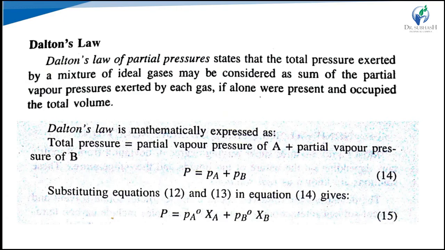Mathematically, we can express Dalton's law as: total pressure P is equal to the partial vapor pressure of A plus the partial vapor pressure of B. We substitute the PA and PB values from Raoult's law. So P is equal to PA plus PB, and substituting, P is equal to PA0 XA plus PB0 XB. That is the equation for Dalton's law.